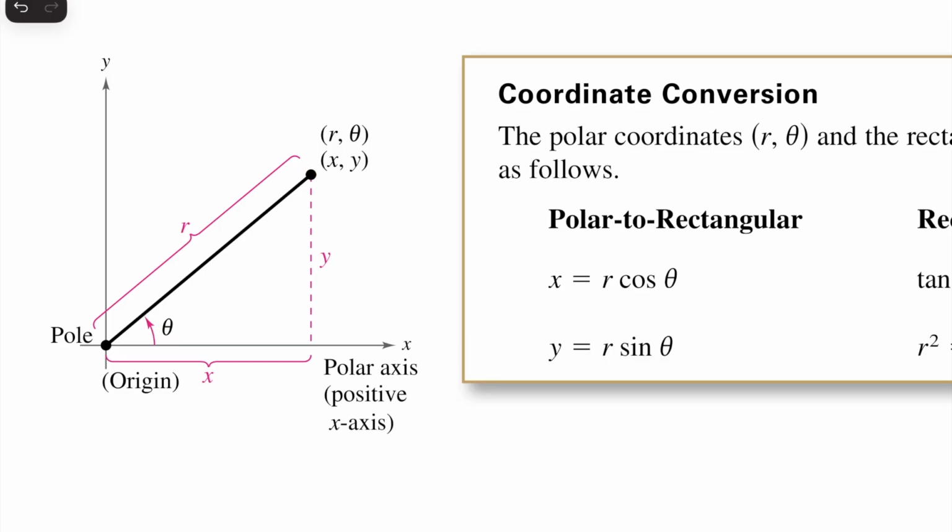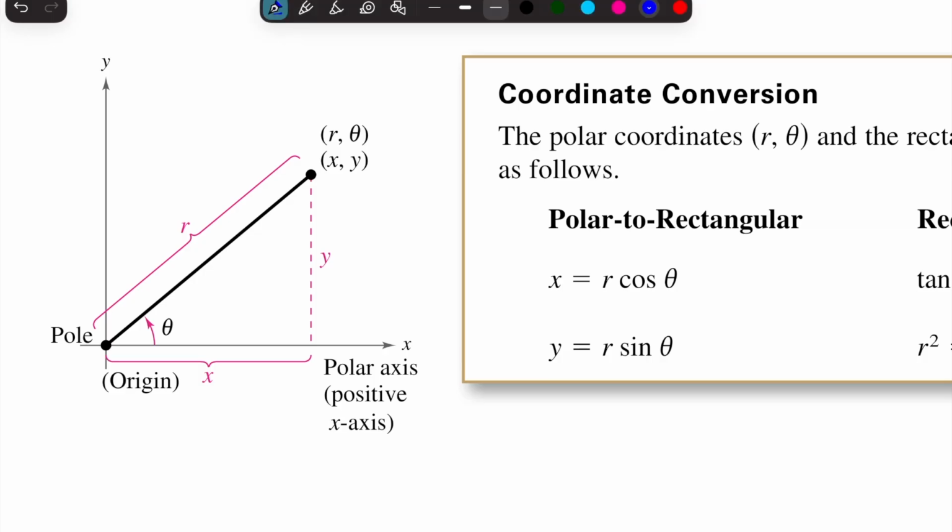So we have this point right here, which would be x, y in our Cartesian coordinate system, telling us if we want to come to this party, go horizontally x units, go vertically y units. And the same location would be r, theta in polar. So rotate a positive angle, in this case of theta, and from our pole, go a distance of r, and that gets us to the same place.